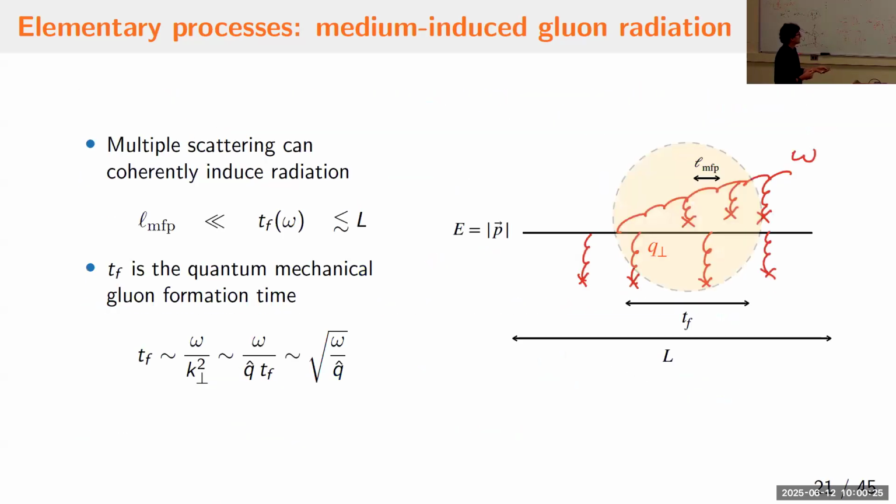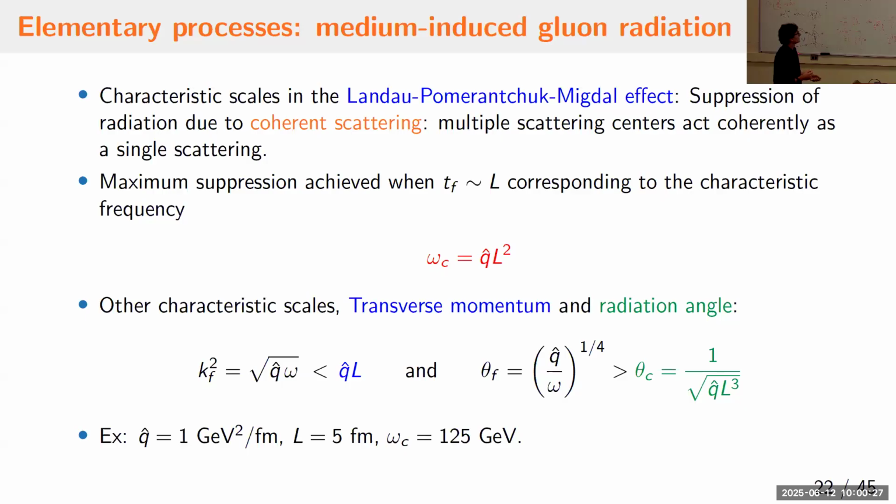So now, during that formation time, multiple scattering centers can act coherently to form that gluon. So for that gluon, all of those many scattering centers can act as a single effective scattering center.